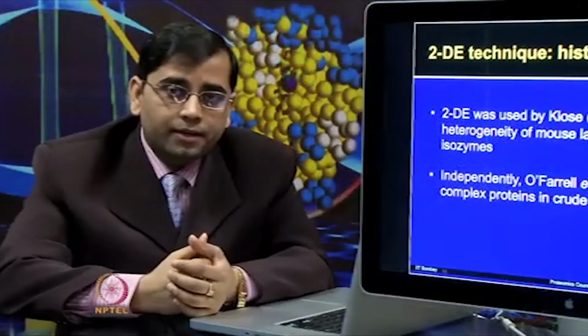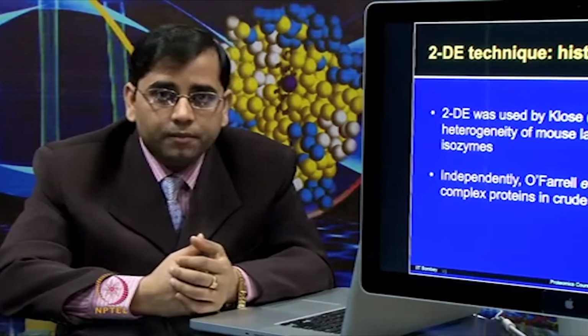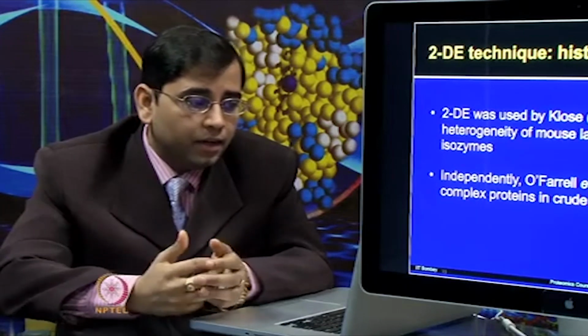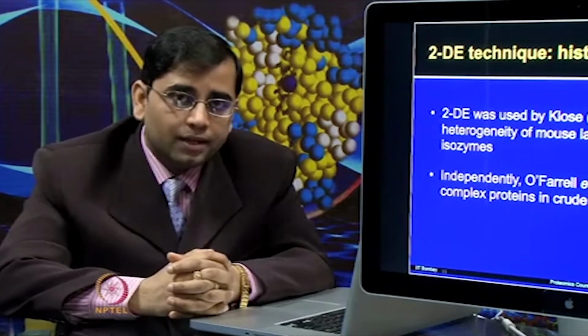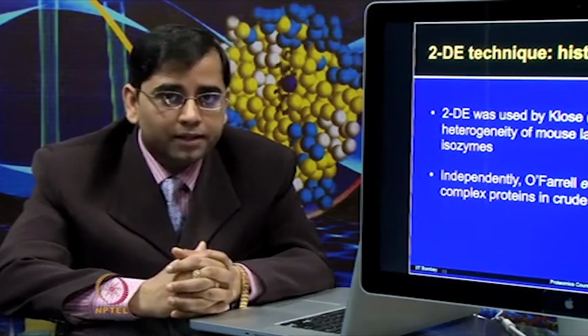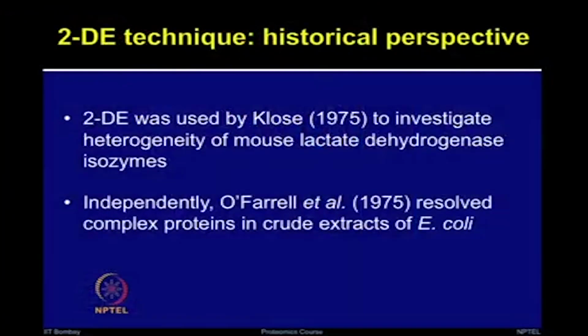So, as I mentioned earlier, two scientists, Klose and Farrell, independently investigated different problems by applying two-dimensional electrophoresis, and in 1975 they reported this method independently. Klose was investigating the heterogeneity of mouse lactate dehydrogenase isozymes.